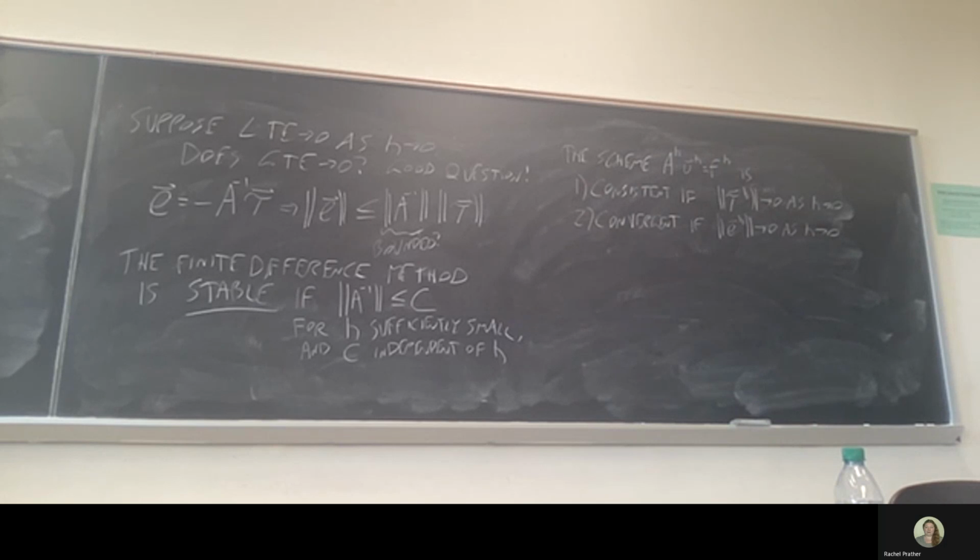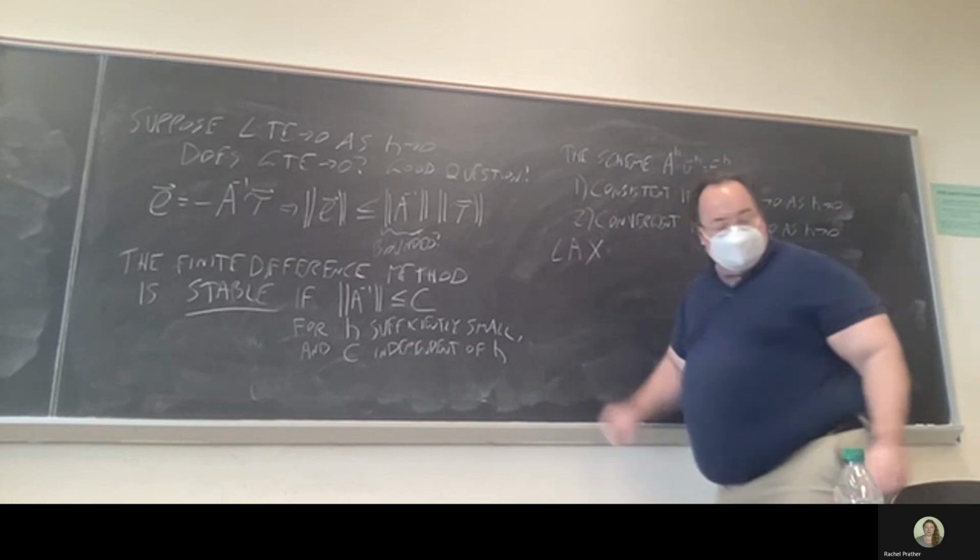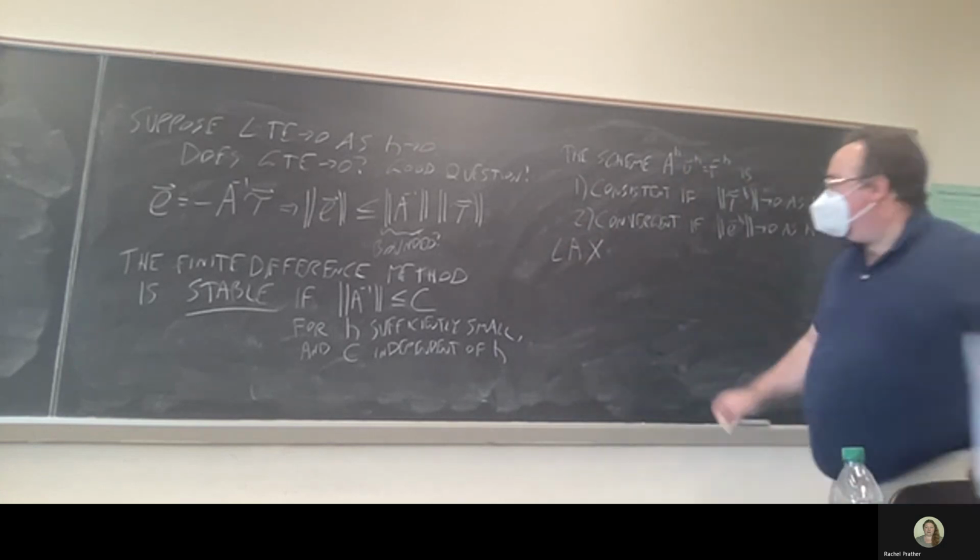Stability is our bridge from consistency to convergence. So what I'm showing you here is that if the scheme is also stable, based on the definition given there, then it is convergent. And this leads to what's called the Lax equivalence theorem.